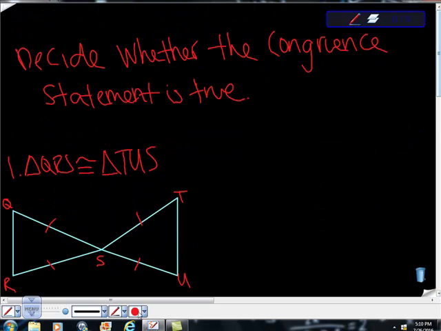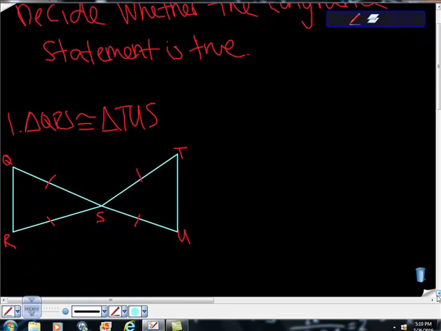It says here to decide whether the congruence statement is true. The first one says triangle QRS is congruent to triangle TUS. So we can look to prove whether this is true or false.